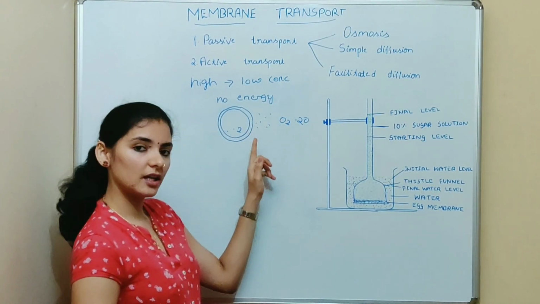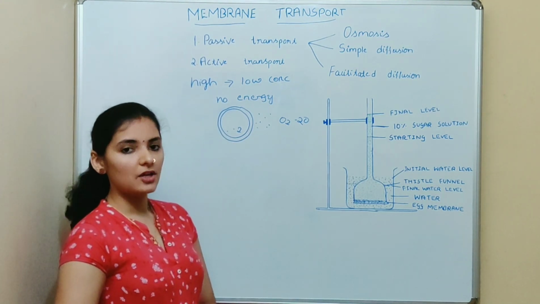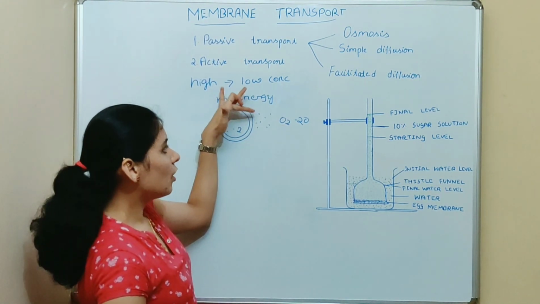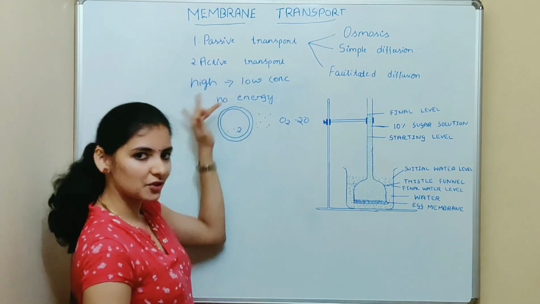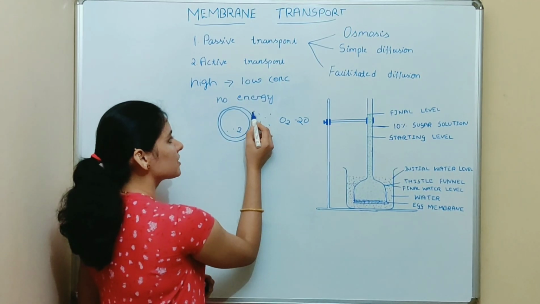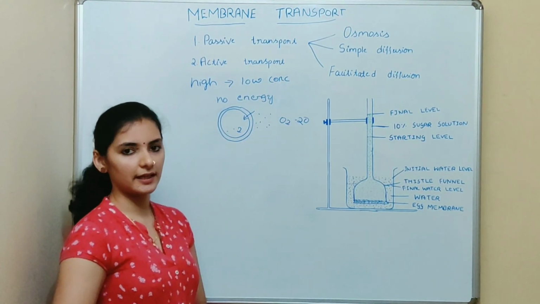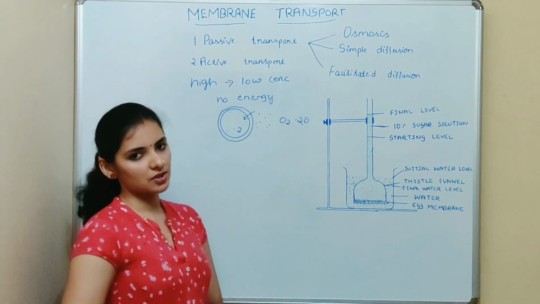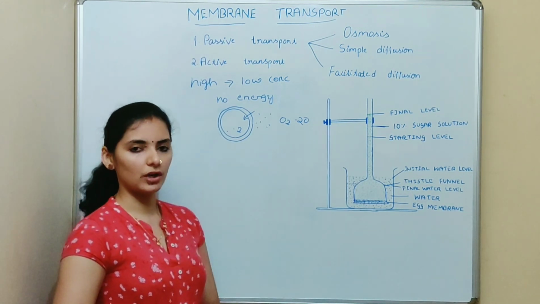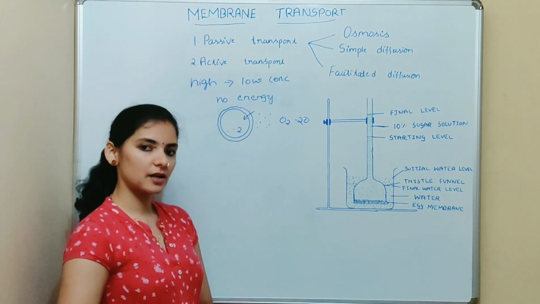Here the oxygen molecule is present more outside when compared to inside, isn't it? So the oxygen molecule will move from a region of its high concentration to a region of its low concentration, that is from outside to inside. So along the concentration gradient, or down the concentration gradient, this oxygen molecule will move.